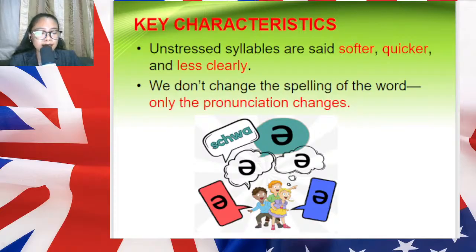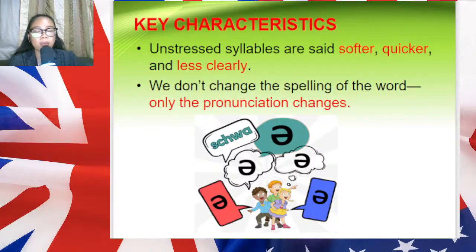With regards to this, just a quick fun fact, if it's fun. Unstressed syllables often use a special sound called the schwa sound. Here it's written as the one you see on your screen, the upside down E. That's the IPA symbol of a schwa sound.